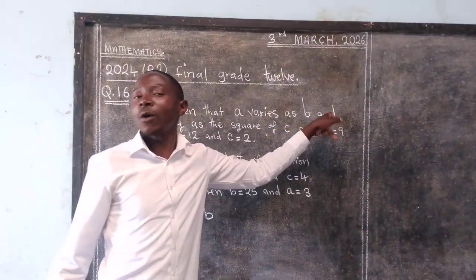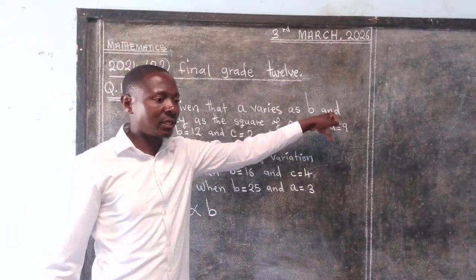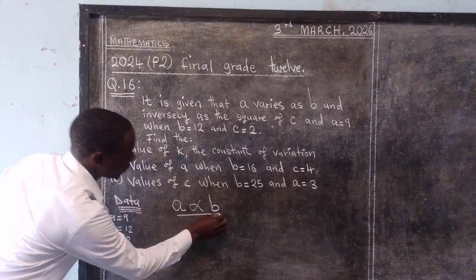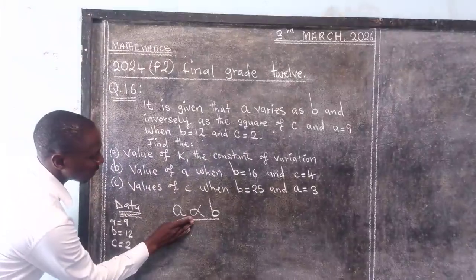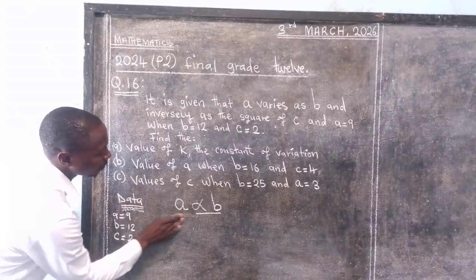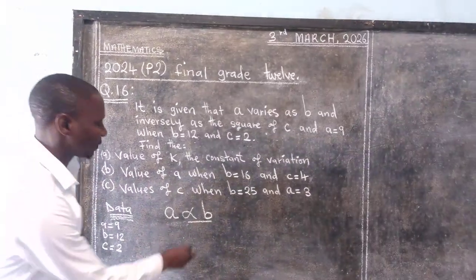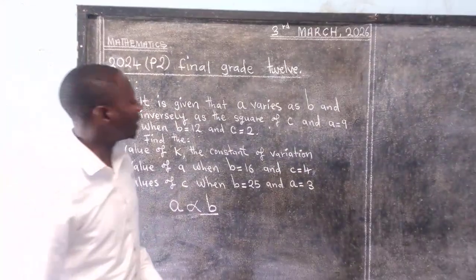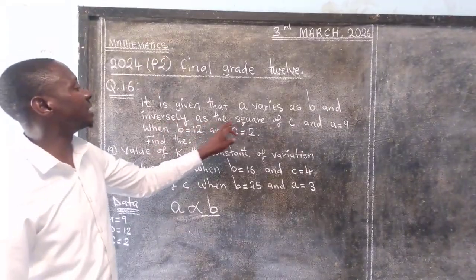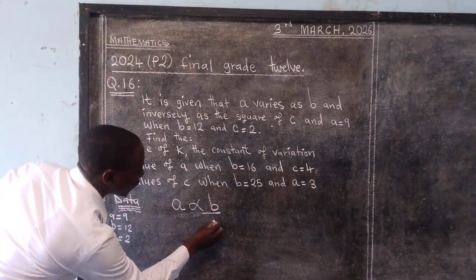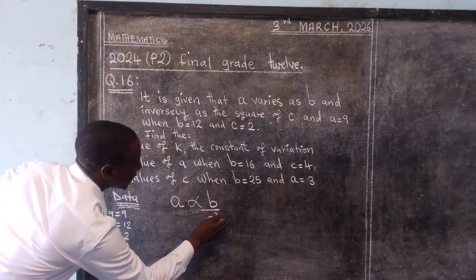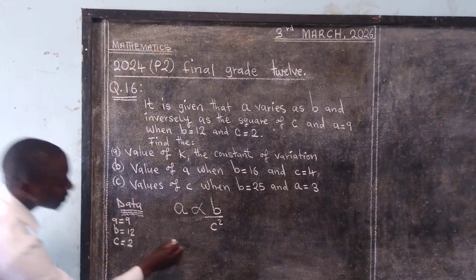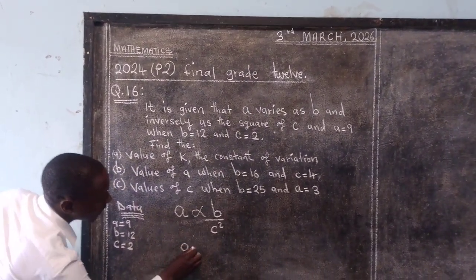And means over. This over should just end in here. And inversely as the square of C. Square of C is C squared. Are we together?